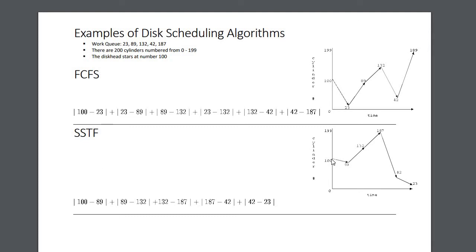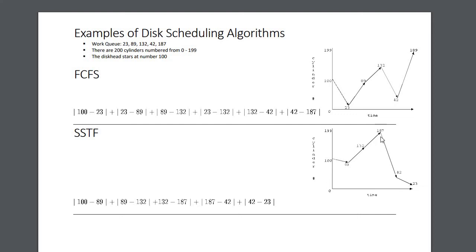In our case we are standing at 100, so if we subtract 100 from all the values in the work queue, we can identify that the nearest one is 89, and after 89 the nearest one is 132, and after 132 the nearest one is 187, and then 42, and finally 23.